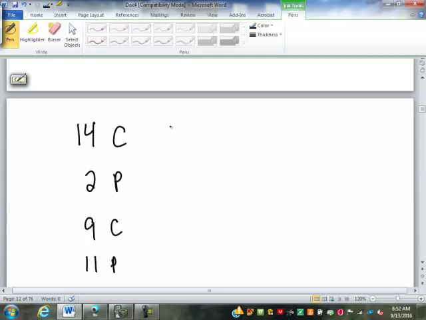Prime. 27. Composite. 35. Composite. 37. Prime. 41. Prime. 47. Prime. There's nothing that can divide into 47 other than itself and 1.